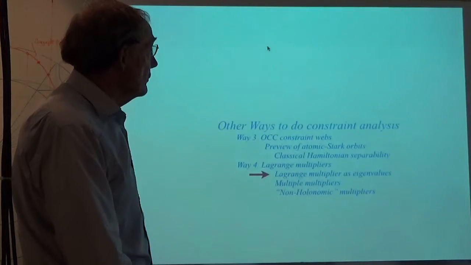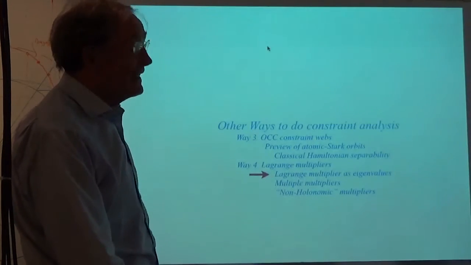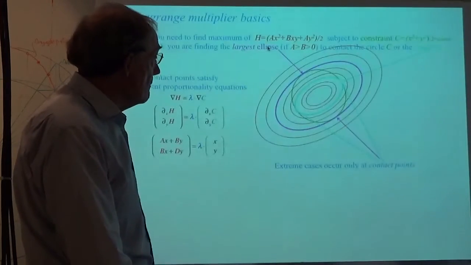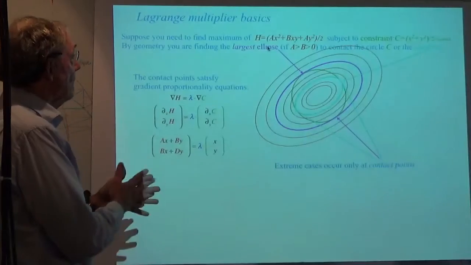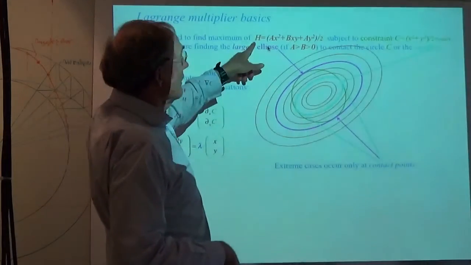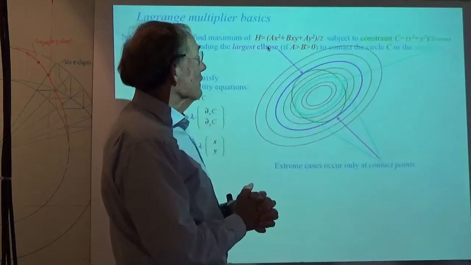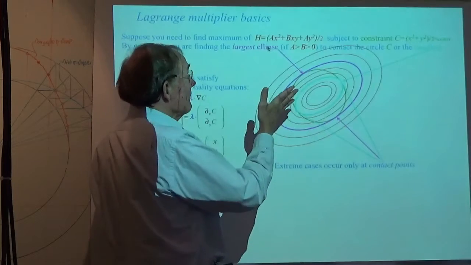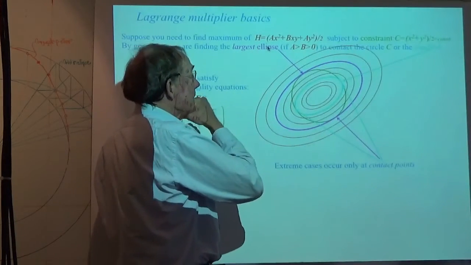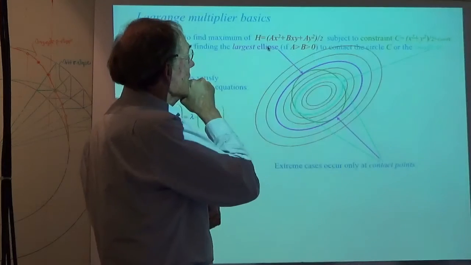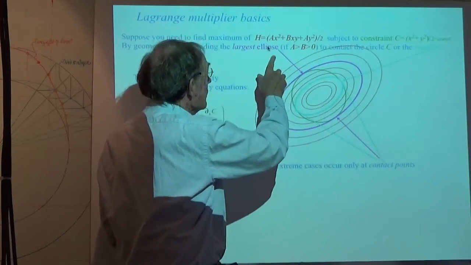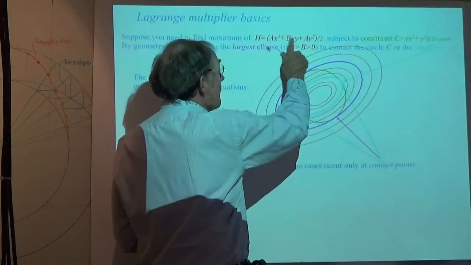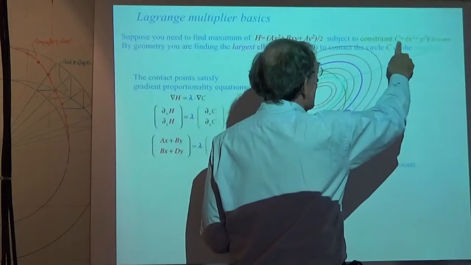Now I'd like to say a few things about Lagrange multipliers that tie in with the next unit where we're going to be doing eigenvalue problems. This is just a calculus problem. Suppose you need to find the maximum of our quadratic form that we worked with for many things at the beginning of chapter 1 through, roughly speaking, 7, where we looked at the maximum or minimum subject to a constraint.